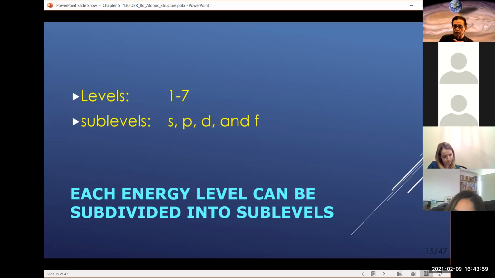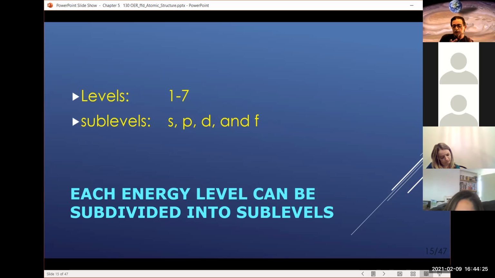You might see the name sublevels, but you're going to see the word orbits much more. Of these sublevels, at this time there are 4, and they've been given the symbols S, P, D, and F.